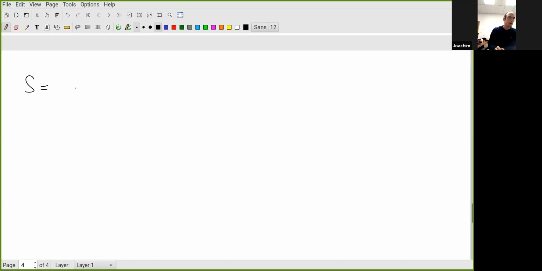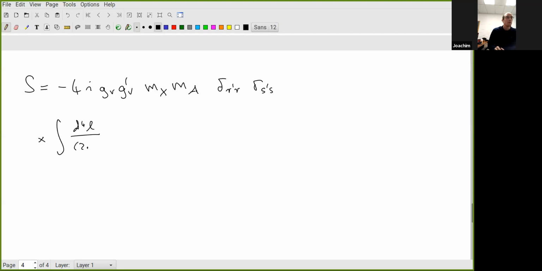So we have this S matrix element equals -4 i g_V g'_V M_chi M_A. So M_chi and M_A are essentially the normalization factors that we just talked about. Then we have delta R primed R, delta S primed S for the spin components. And then we have the integration that we didn't do yet. So we have one momentum integration from the gauge boson propagator, and then we have the 2 spatial integrations, d4x, d4y.